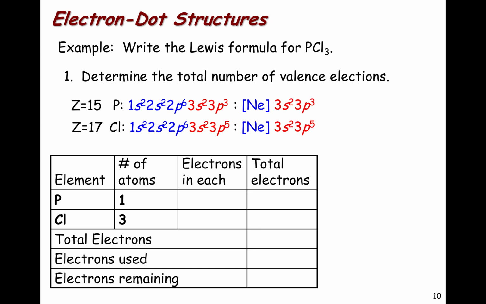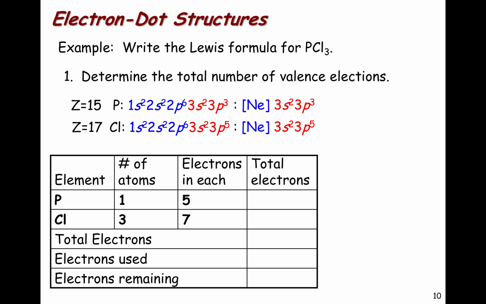If we look at the electron configuration for both phosphorus and chlorine, we can see that the valence electron configurations, using the abbreviations so that we have the noble gas cores, shows that the phosphorus has a total of 5 valence electrons and the chlorine has 7 valence electrons.